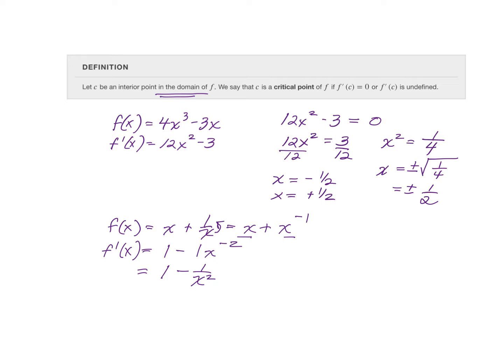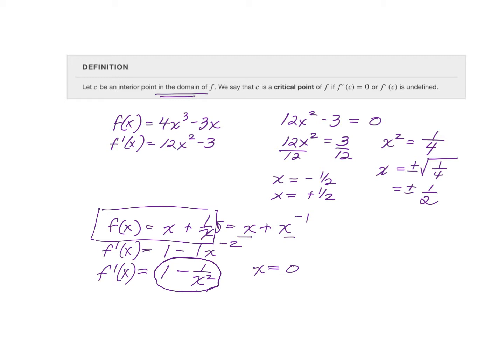This is our derivative, and we want to think about where the derivative is equal to 0 and where the derivative is undefined. Let's consider first where the derivative is undefined. We know that this derivative would be undefined at x equals 0, wouldn't it? x equals 0 would make that undefined. However, if we look at the original function, 0 would make the original function undefined as well.